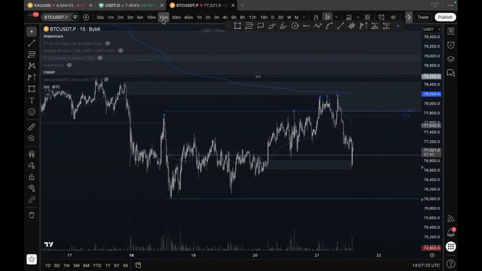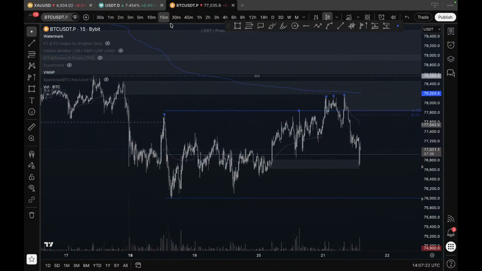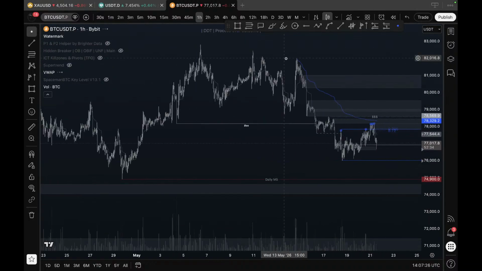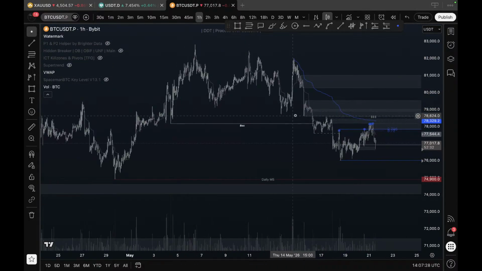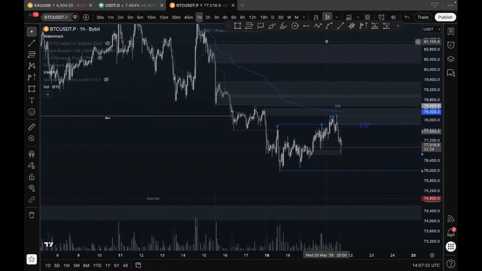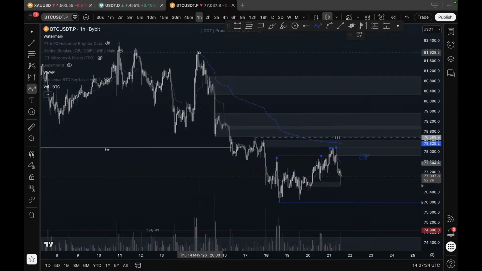Let's just get started. Overall we are in a downtrend since we broke this range to the downside. And you can see that we basically had this downward structure, kind of low, lower high, lower low. So this was the region where you could print your lower high.